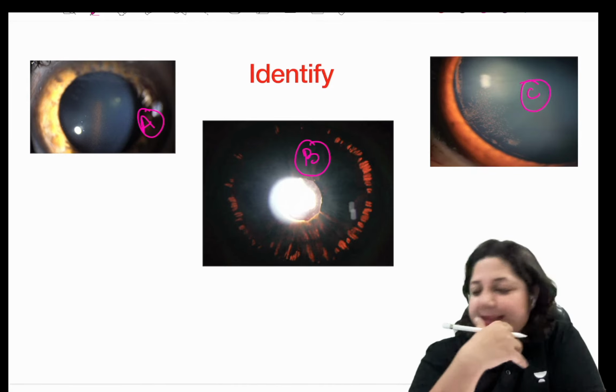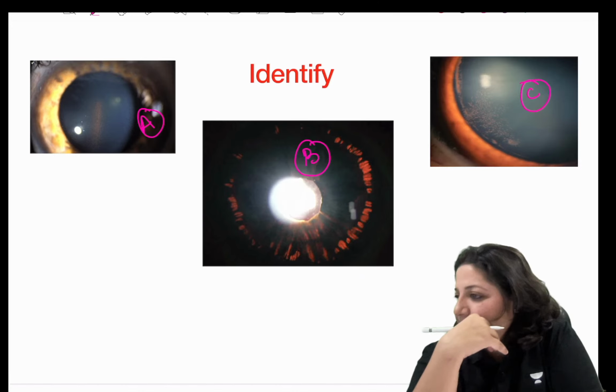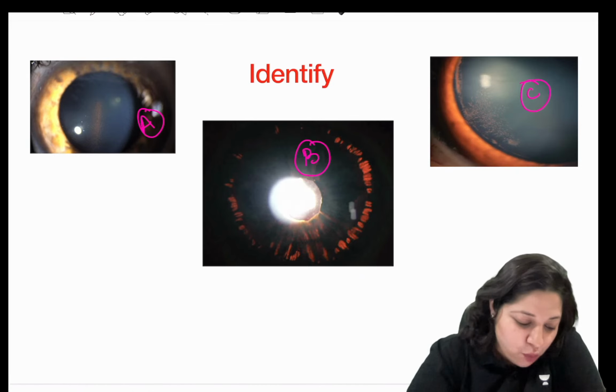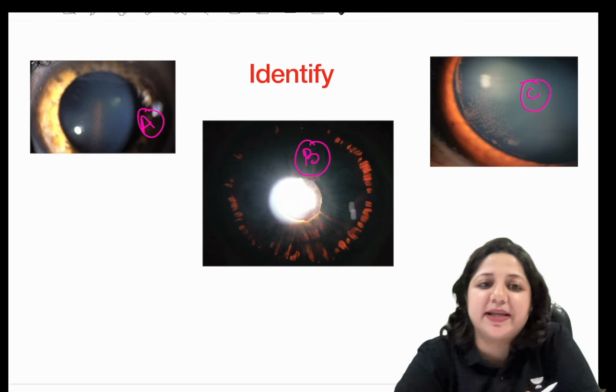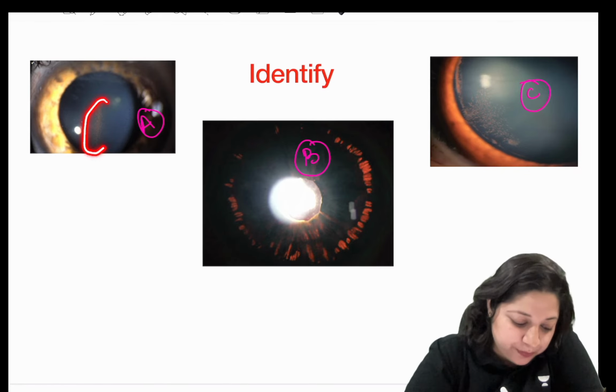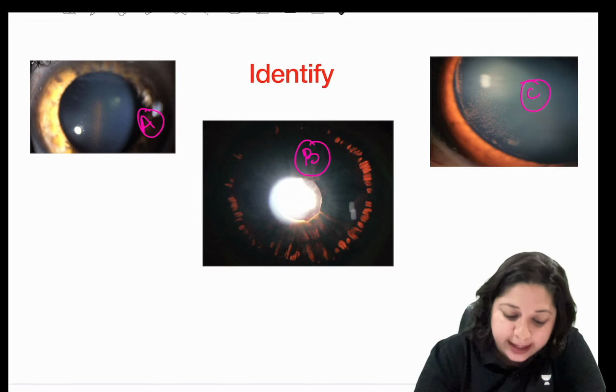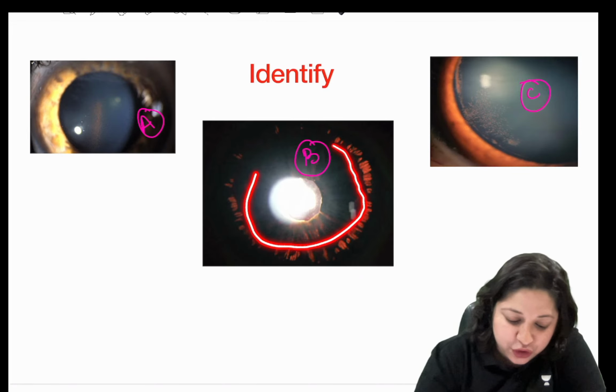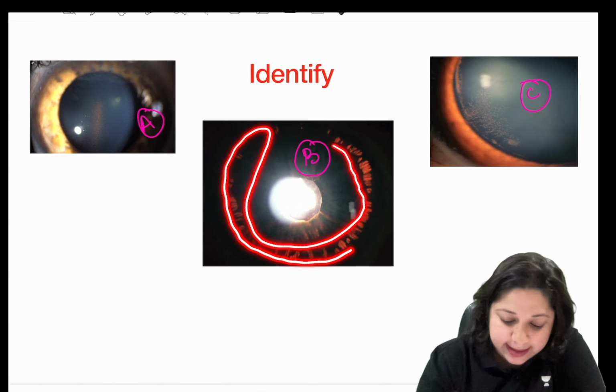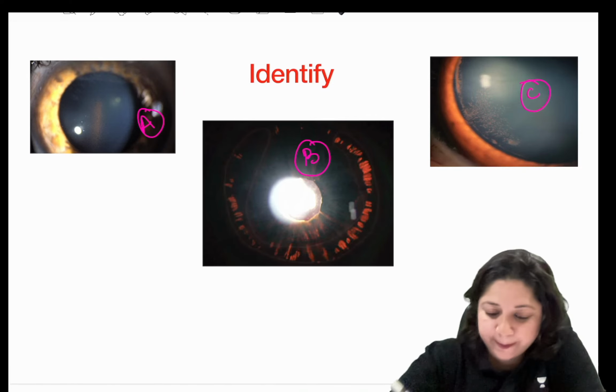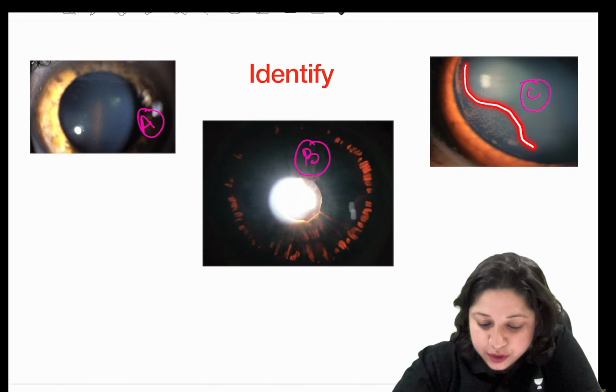What is A? A is easy. So what you see, I will just show you. What you see is pigment deposition in a vertical spindle-like manner. You see here? This is A. What is B? I will just try to mark these. You try and focus on this part. And what is C? Try and focus on this area.